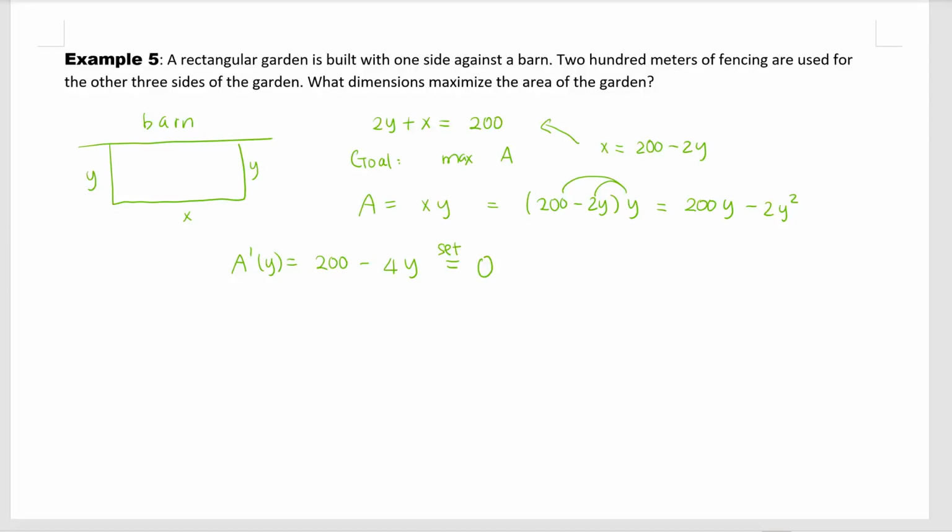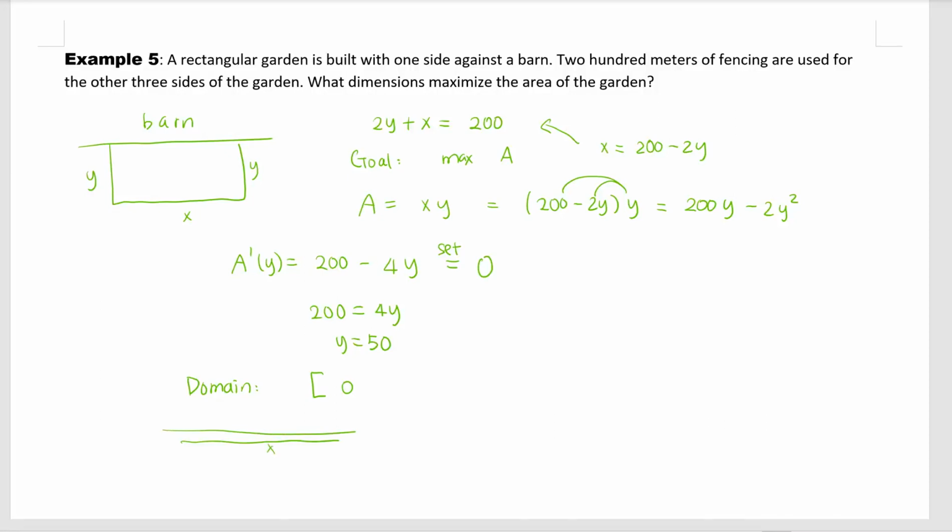So what do we get? Well, we get 200 equals 4y. y is in fact 50. Okay, so y is 50. Let's think about the domain. How small can y be? Well, it could be 0, right? If it's 0, then you only have x.